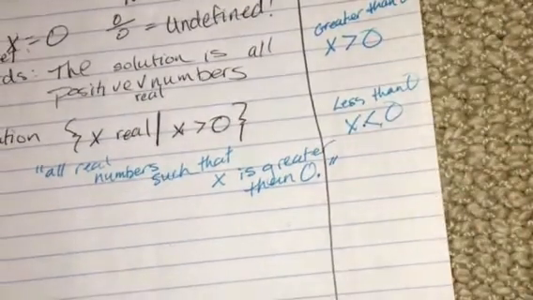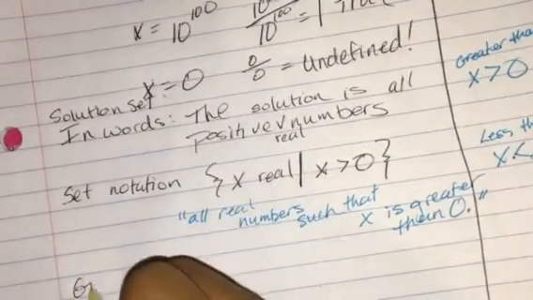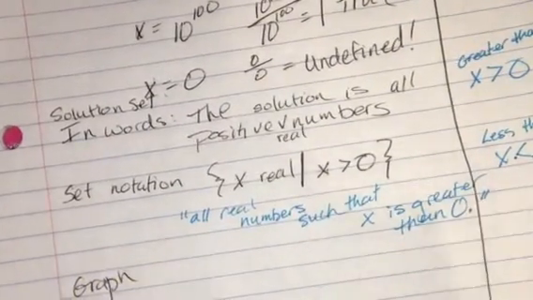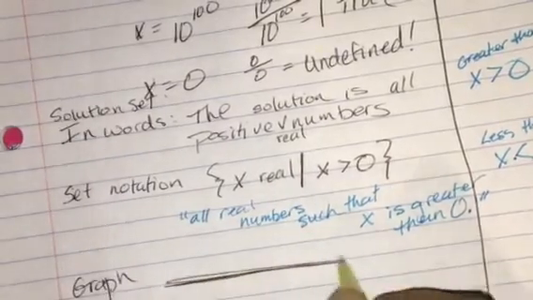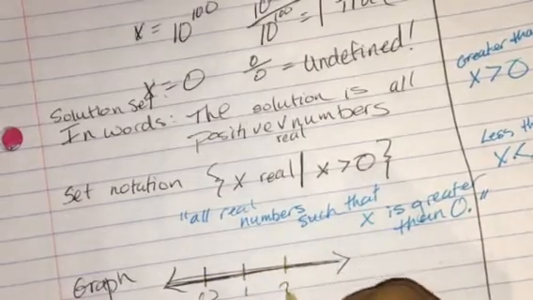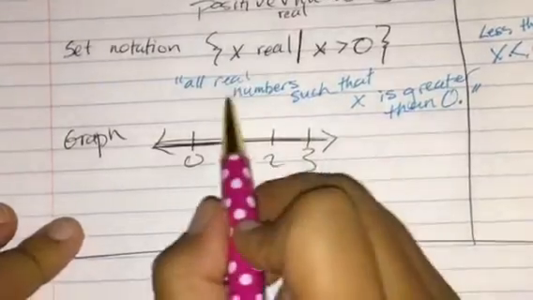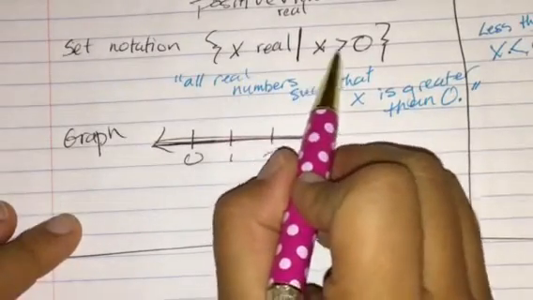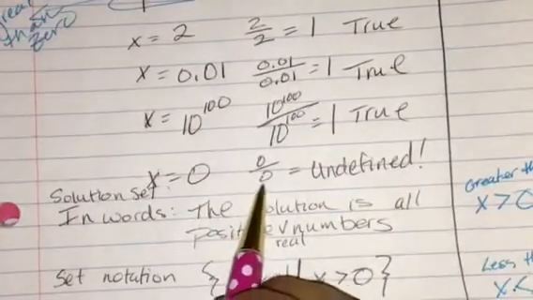Okay. Finally, let's do the graph interpretation of this. To graph this, we have 0, 1, 2, 3, et cetera. This means that all the numbers have to be greater than 0, and it can't equal 0, because when we tried 0 our expression became undefined.